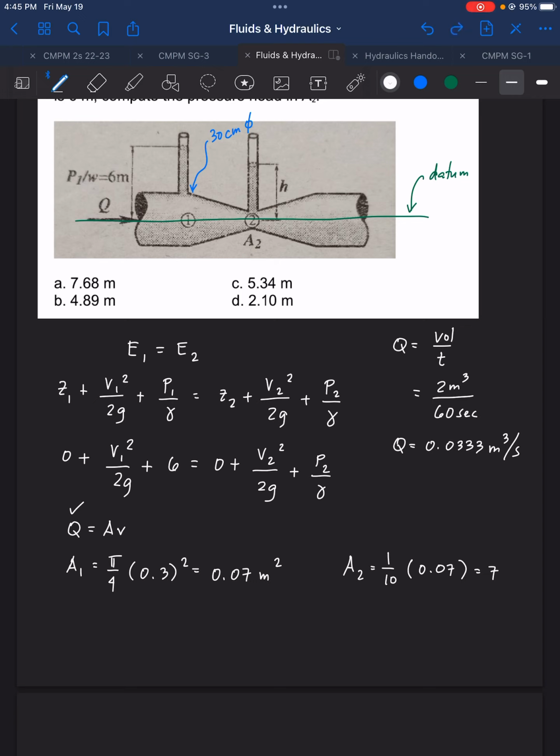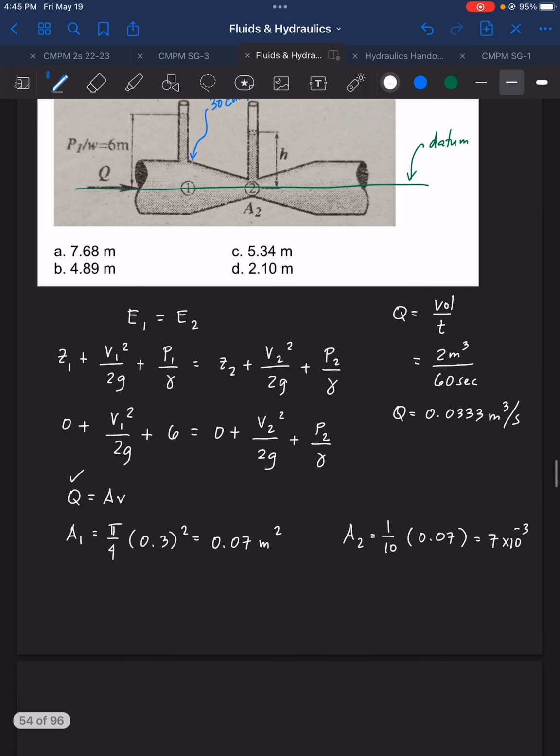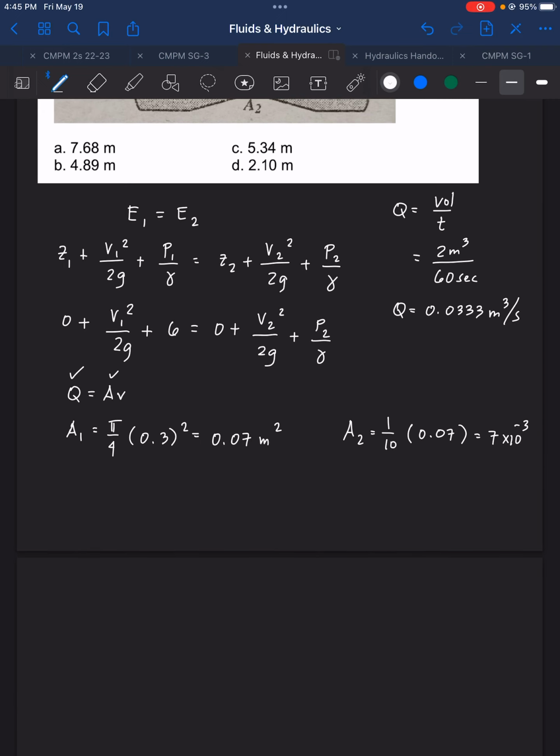That is 7 times 10 raised to negative 3 square meter. So we now have the areas.